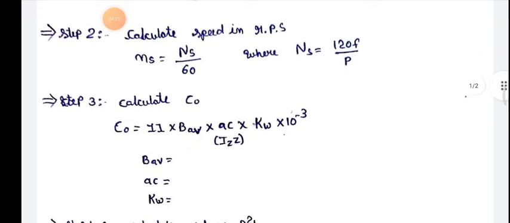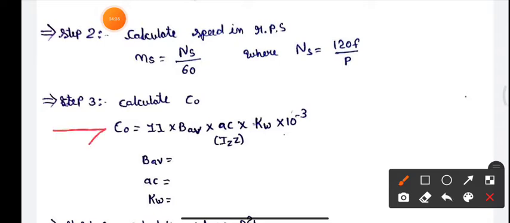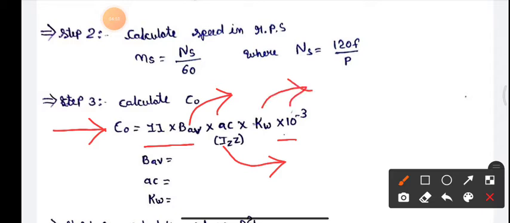Now after finding the kVA rating and the speed in RPS, we are required to find the output coefficient, which is given by the equation C0 is equal to 11 BAV AC Kw into 10 raised to the power minus 3, where BAV, as I have already told you, is the specific magnetic loading, AC is the specific electrical loading, and Kw is the winding factor.